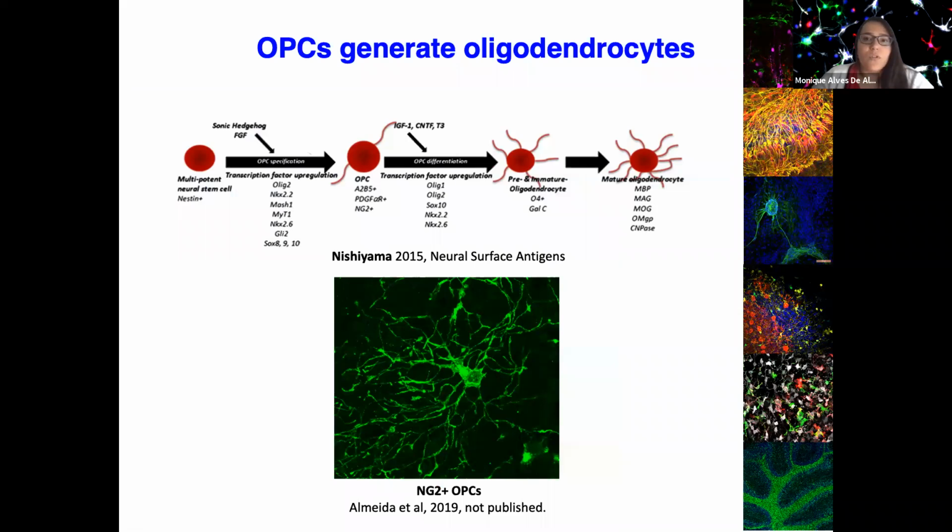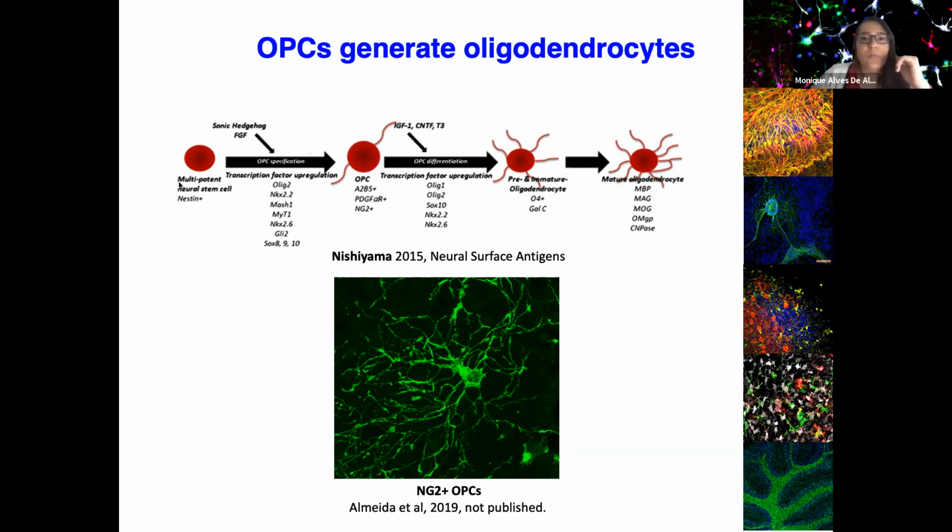OPCs are the most proliferative cells of the CNS, distributed throughout the adult brain, that will give rise to oligodendrocytes and, at some level, astrocytes. And OPCs will receive different biochemical signals that will trigger their differentiation into mature oligodendrocytes.